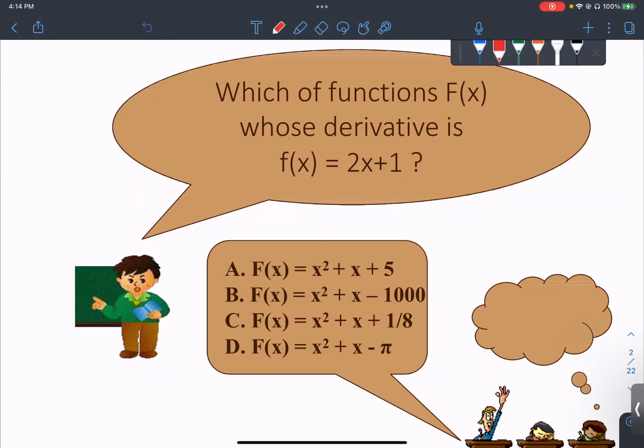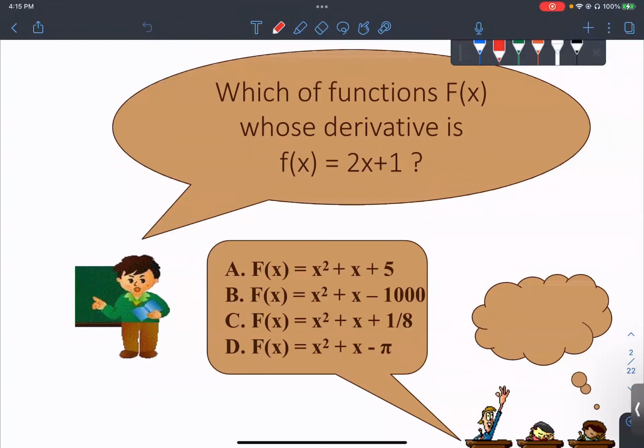The difference is just the constant: one is 5, the other is negative 1,000, the other is positive 1/8, the other is negative 5. But still, those are different functions. However, once you differentiate those functions, they have the same derivative. So same derivative, but different functions.